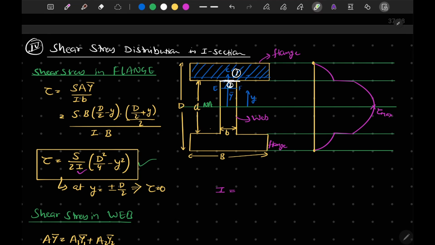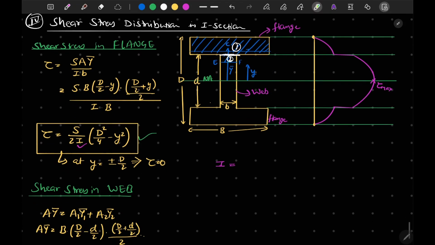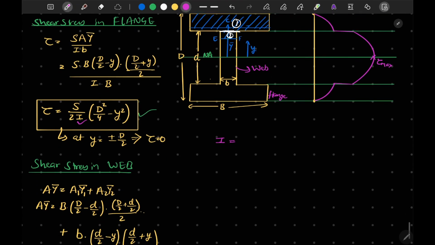We can add the moment of inertia of all these three parts about this neutral axis, or we can consider this big rectangular section minus two smaller rectangular sections. Even if we shift the web to this corner, it won't make much difference. So let me write the value of I here.